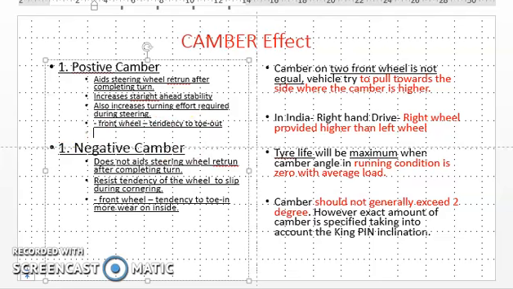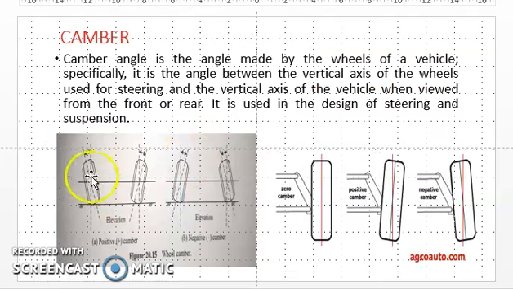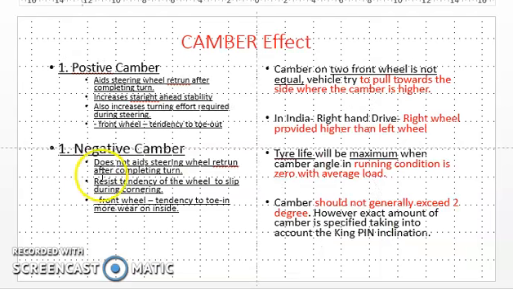Just see what happens. When the vehicle is averagely loaded, due to this load the axis of the wheel and the vertical axis should be the same. At that time there is equal wear of the tire, and this maximizes the life of the tire.